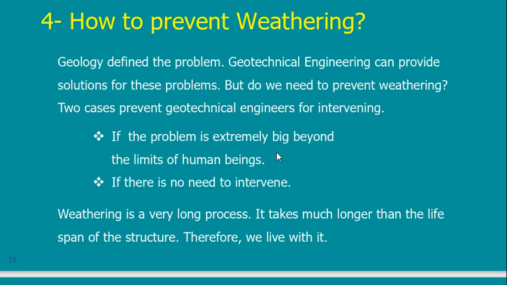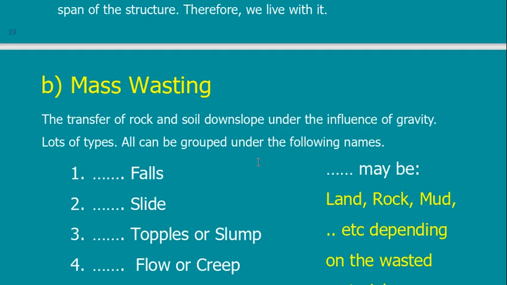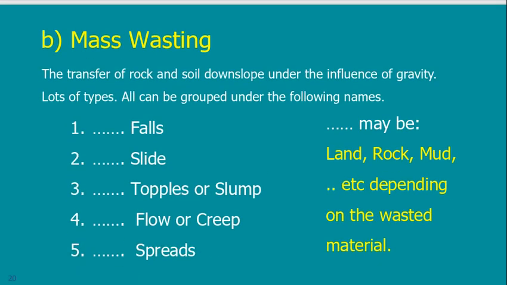My building is not going to fall, but I have to take it into consideration. The next part will be the second thing, which is mass wasting. I will put it in a separate part of this lecture. We can end this part at this point and continue in the next part.